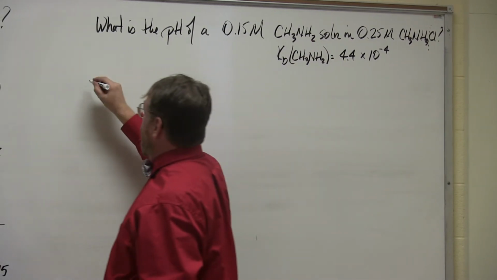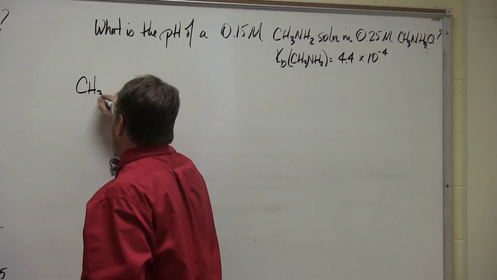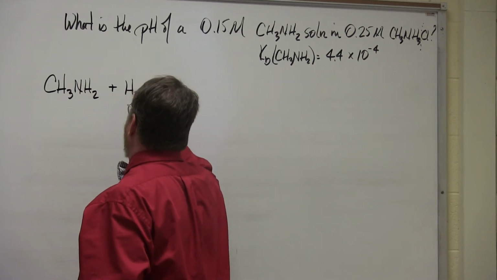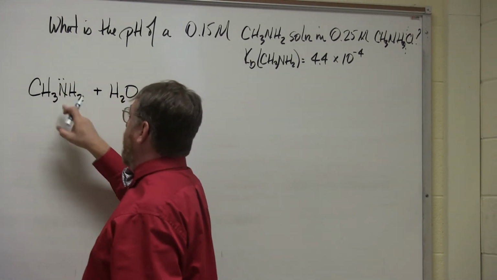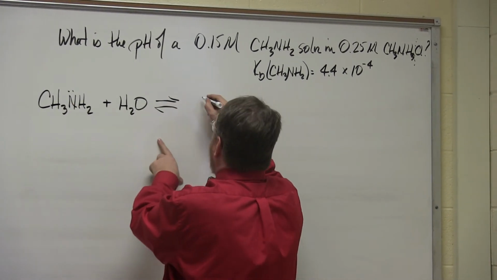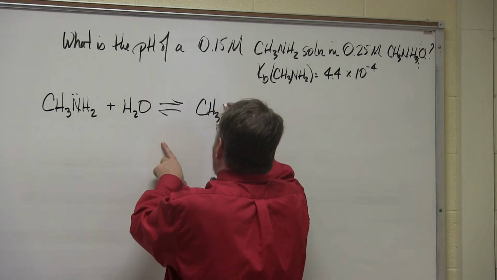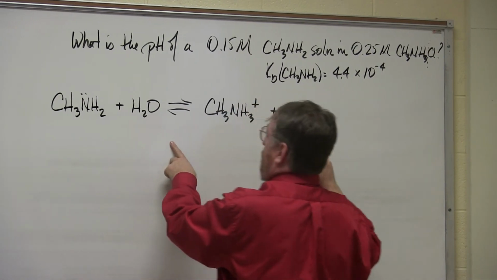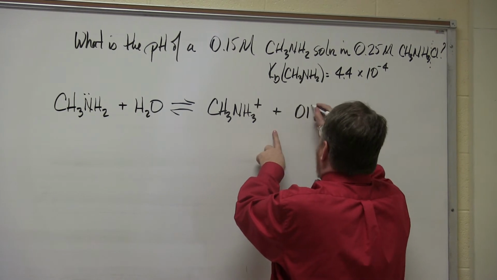Let's write out our dissociation in water. In water, methylamine will act as a base because it has an active lone pair. When it does, H plus is going there. It's going to receive an H plus and leave behind hydroxide.